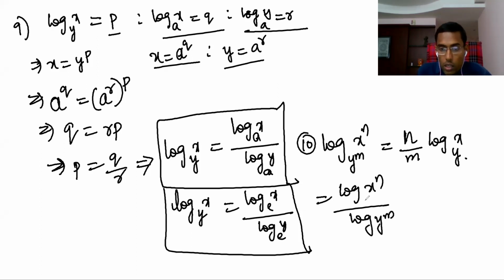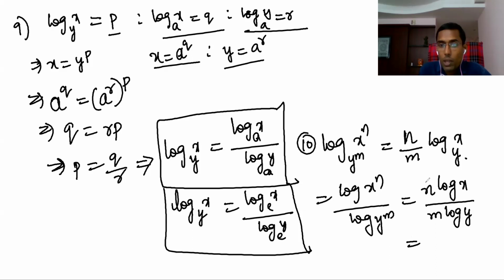Already I discussed, nothing there means e is there. So we know this is n log x, and this is m log y. So you can simply write this as n by m, and then log x by log y, that is log x to the base y. Next step, what is your answer?